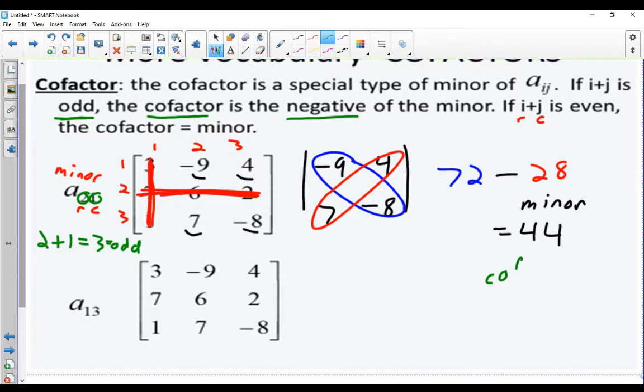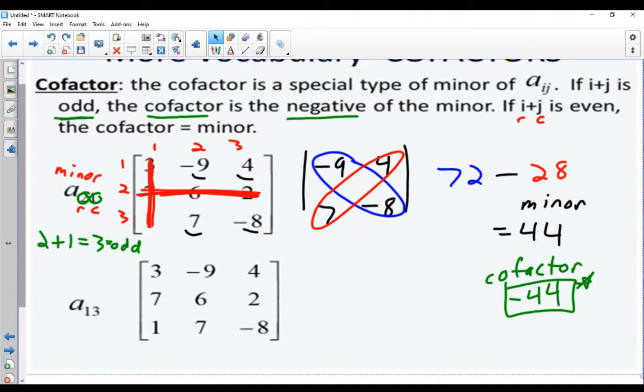So your cofactor is going to be the negative of our minor, which is 44. And that will be the cofactor, -44. Okay, so that's how you do the first one. I'm going to go ahead and erase this now so I can make room for the bottom one.